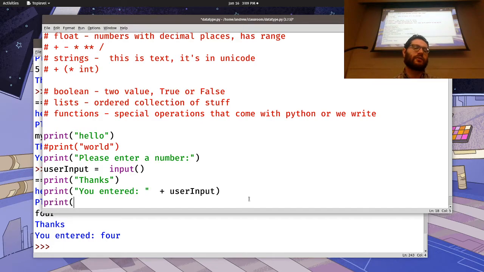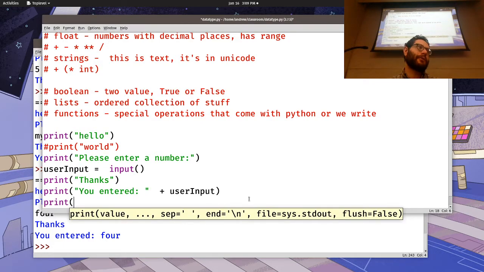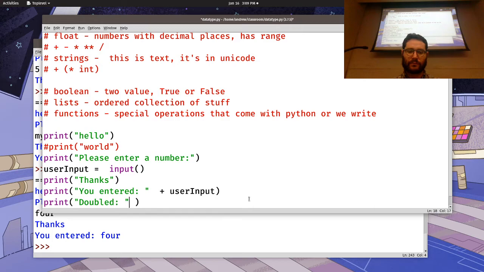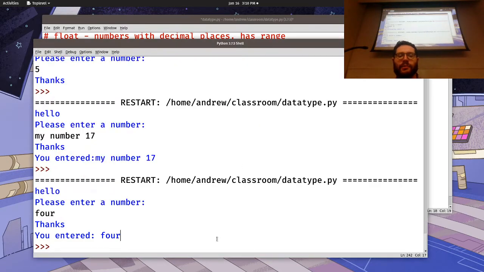Now let's talk about the whole idea of conversion. So you doubled, and now let's print it out doubled.